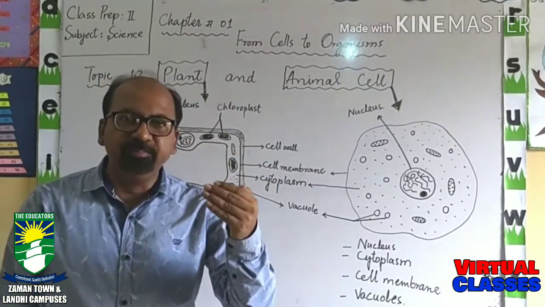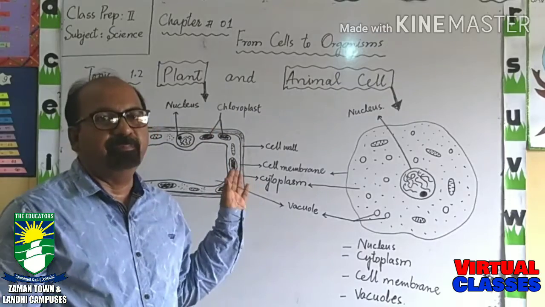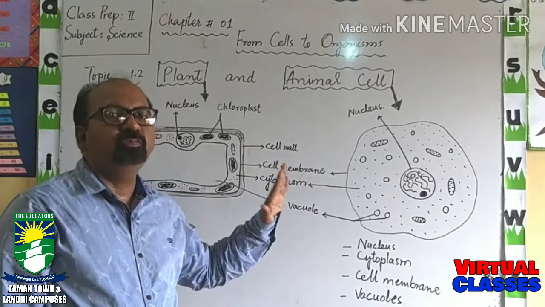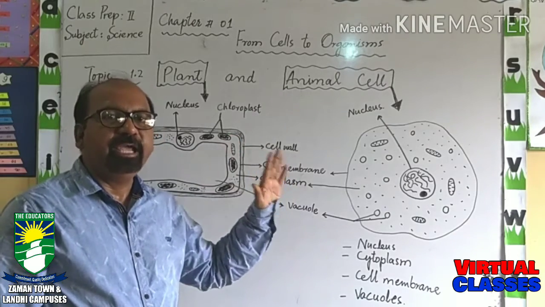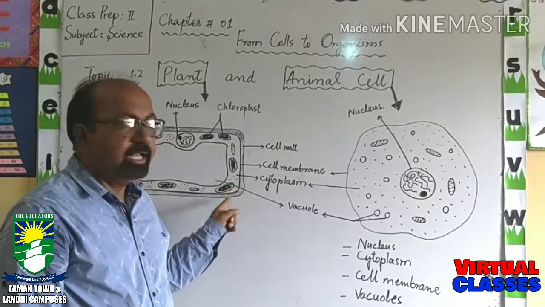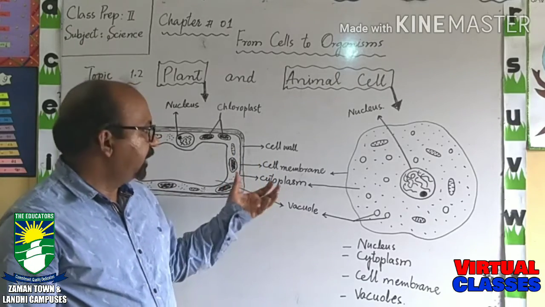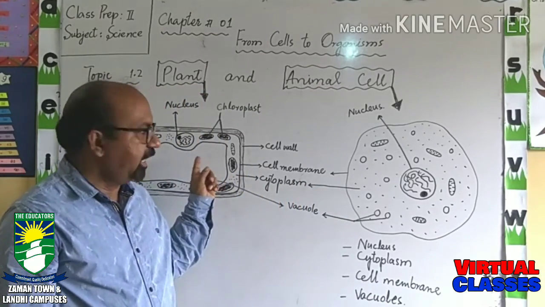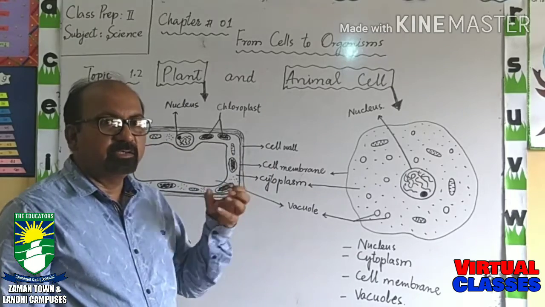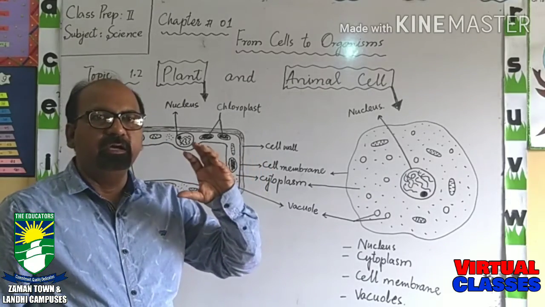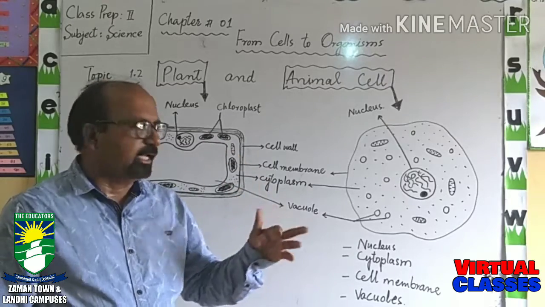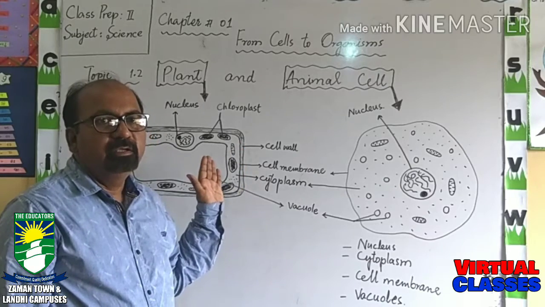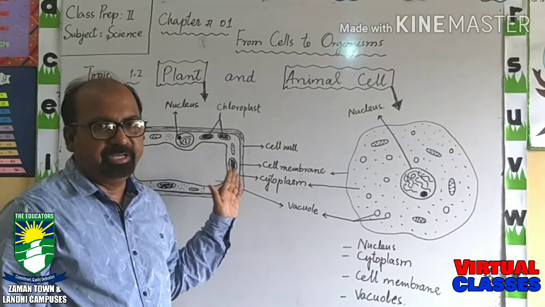What do we mean by partially permeable membrane? It means that it allows some things to pass and some things cannot pass through this layer. A few things can pass into the cells, and some things which are larger in size cannot pass through this membrane. That's why it is called a partially permeable membrane.